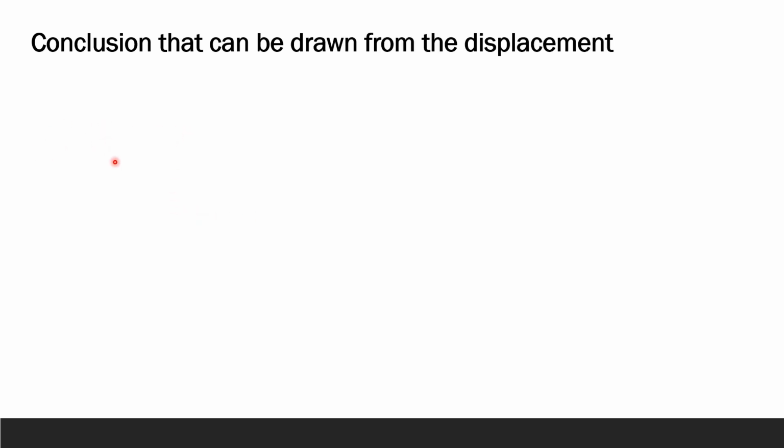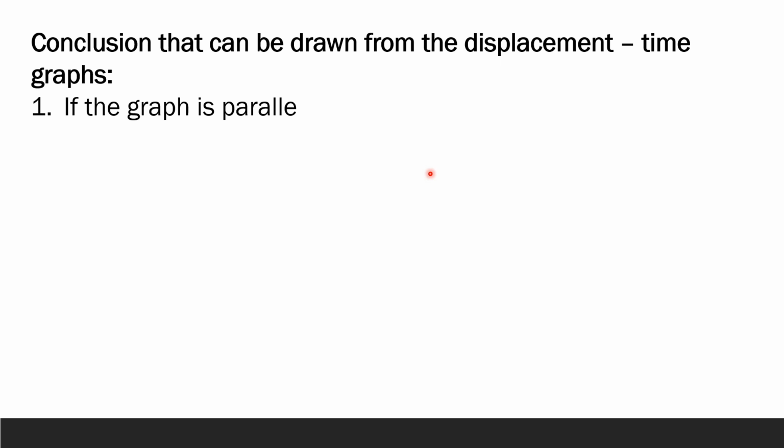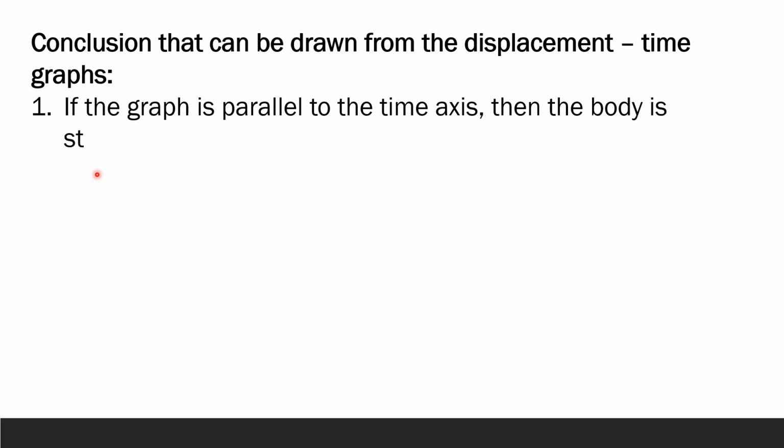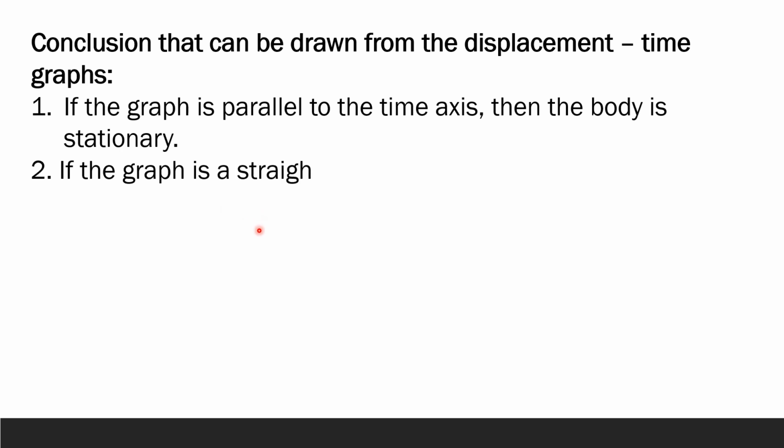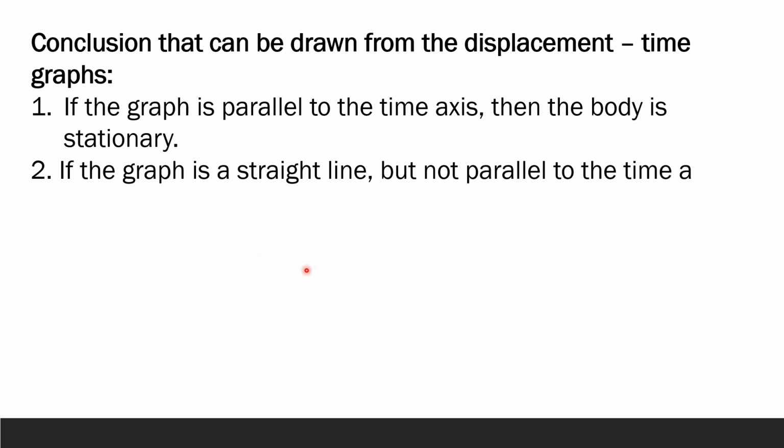First one, if the graph is parallel to the time axis, then the body is stationary. Second one, if the graph is a straight line but not parallel to the time axis, then the body is moving with a uniform velocity.